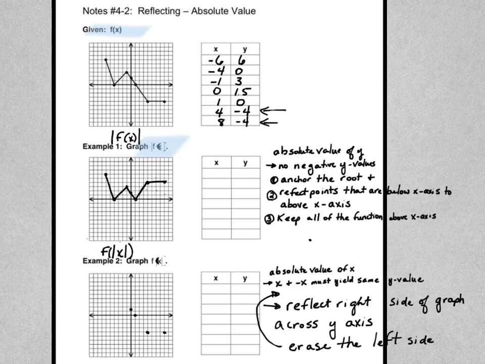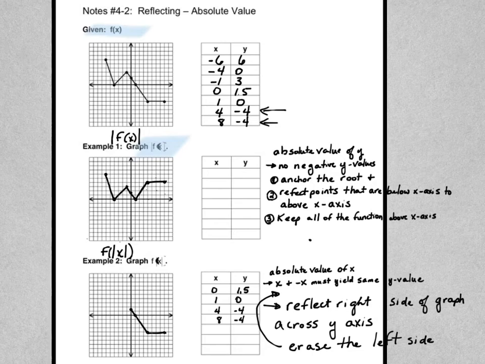Okay, that's the right side of the graph as it exists. So those points are in this absolute value function.